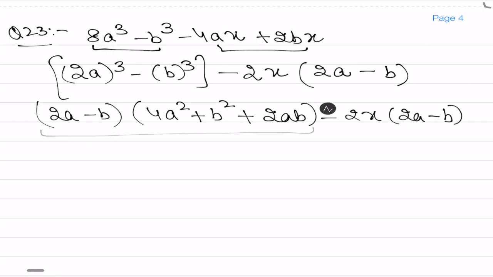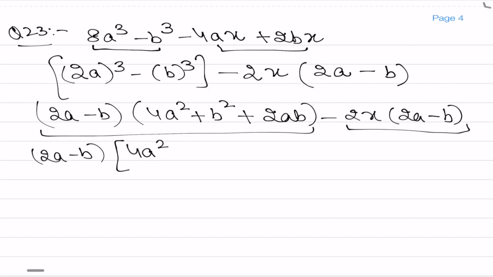Again we can see in the first and the second term 2a minus b is common. So we will take out common, and whatever is left we'll put in another bracket. So 4a square plus b square plus 2ab minus 2x. So these are the two factors of the given expression.